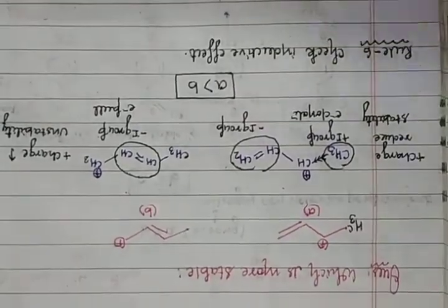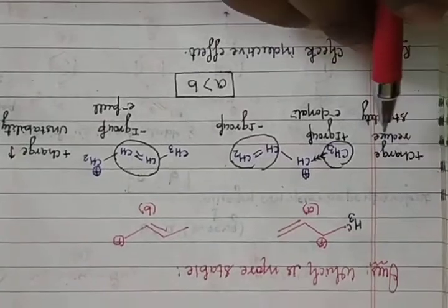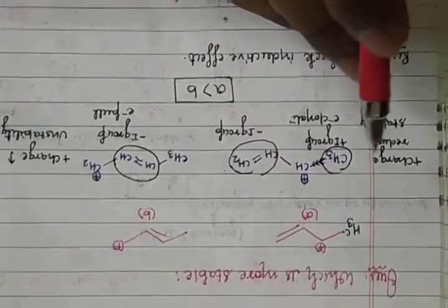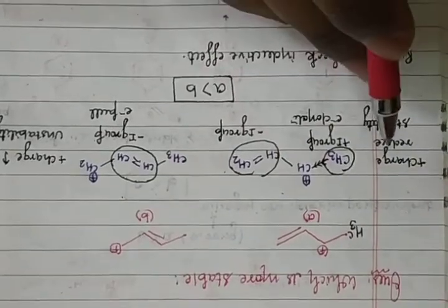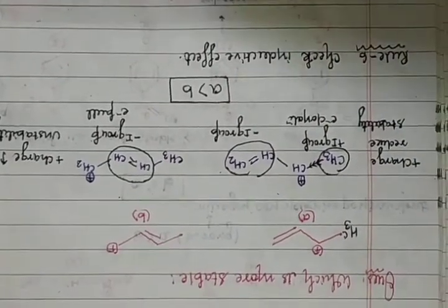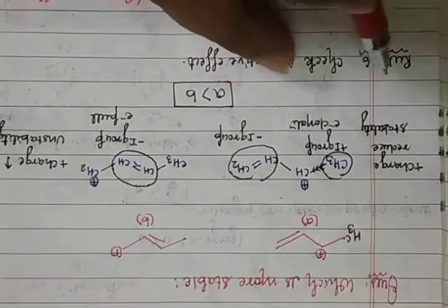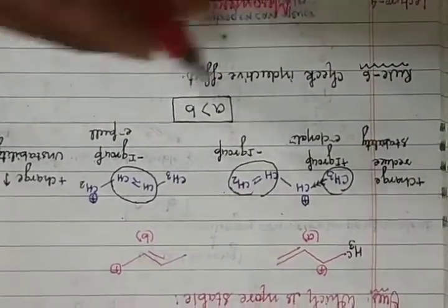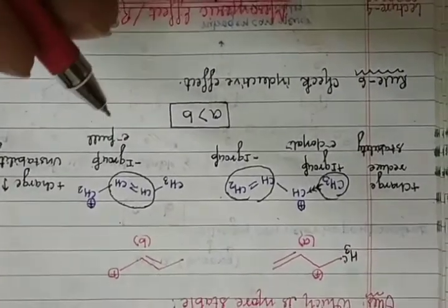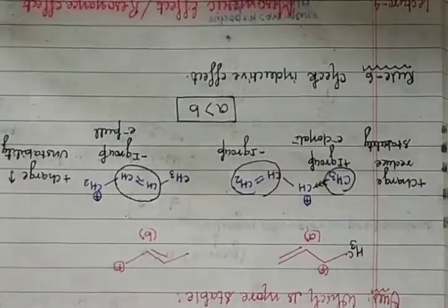The compound is more stable. So charge is reduced when the plus I group donates electrons. So charge reduces, it means the compound has stability. So in this case the rule is what? Check the inductive effect. So this is the full explanation of stability and the resonance effect.